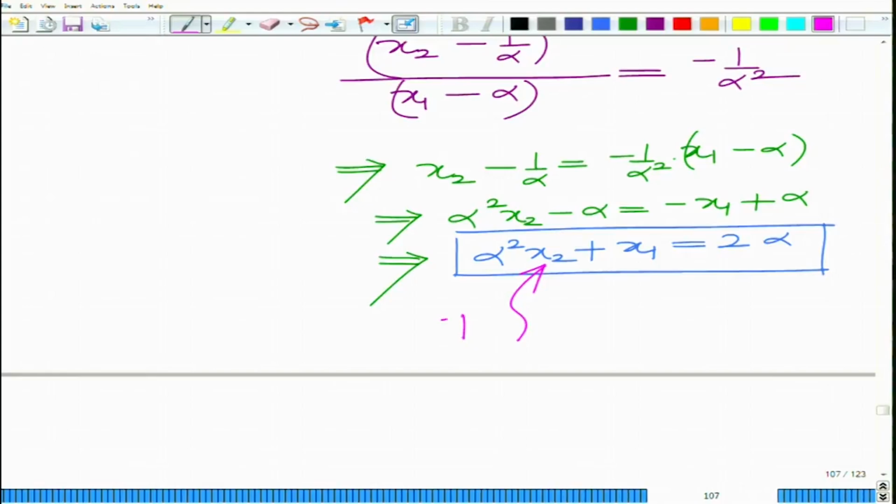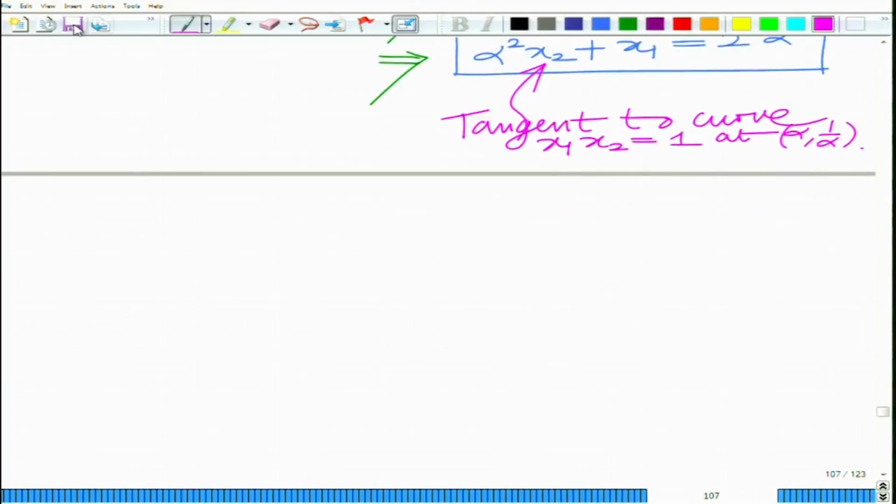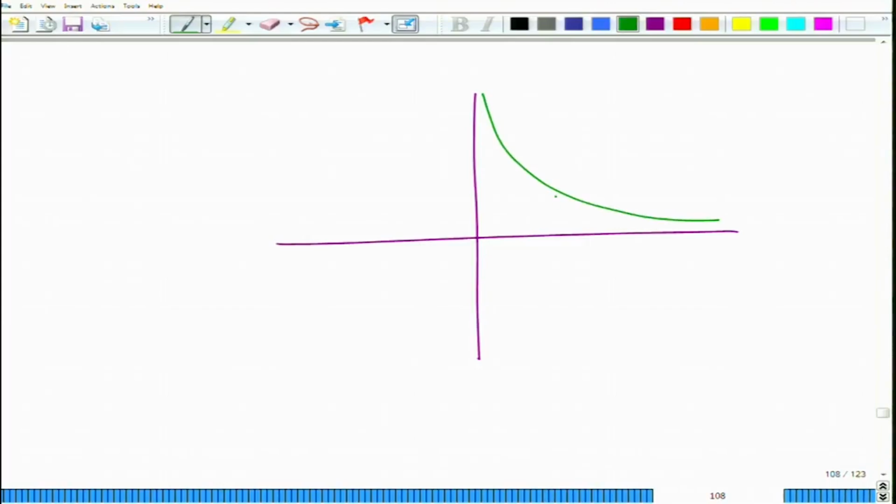So, this is the tangent to this curve x1 x2 equal to 1 at alpha comma 1 over alpha. Basically what we have is this curve x1 x2 equal to 1 and you have this particular tangent, you have this half space.